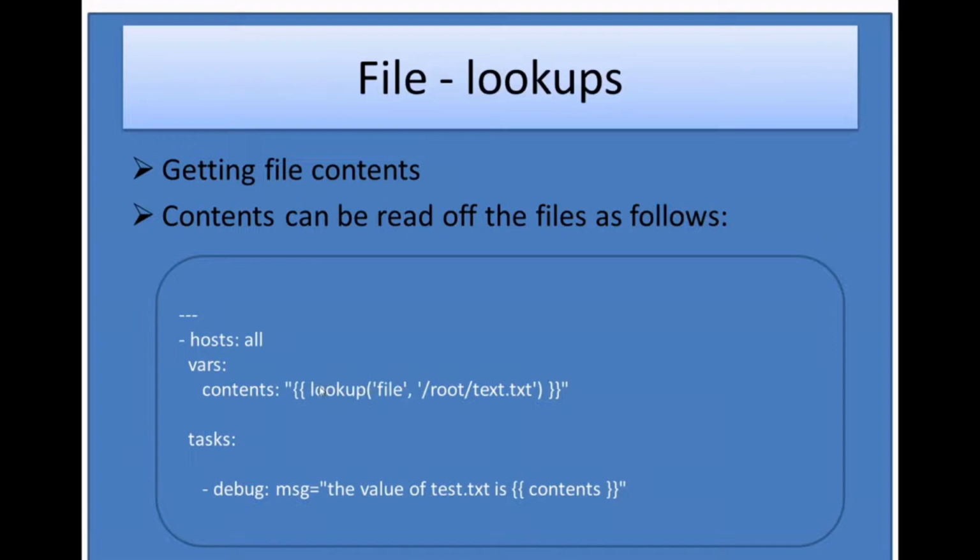You need to give the lookup command, and file is the plugin here. As we are reading a file, I'm just giving file, and if you're reading a CSV file, you need to give csv, and if you're reading the environment, you need to give env. So there are multiple lookups available, so you can refer to the Ansible documentation for more details.